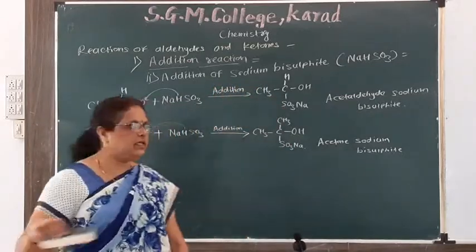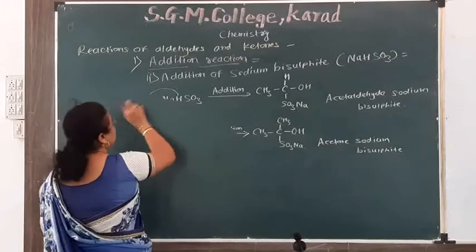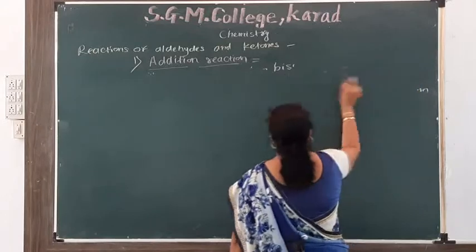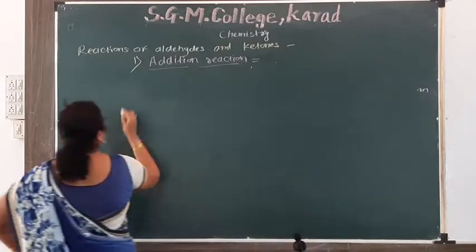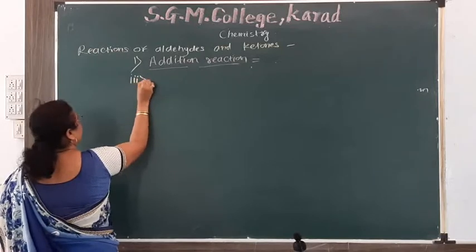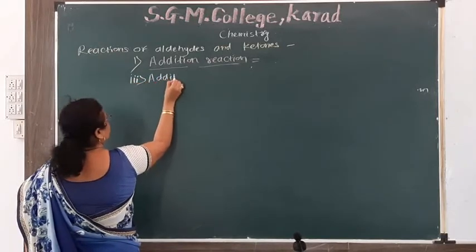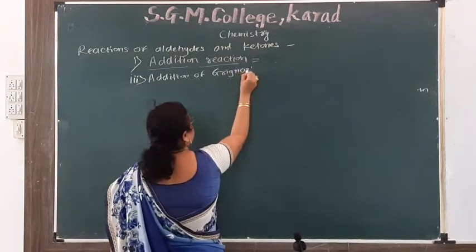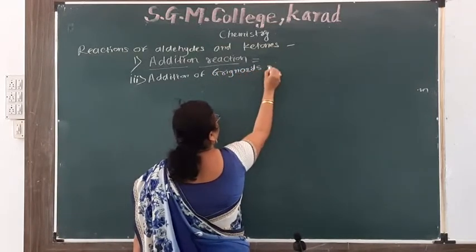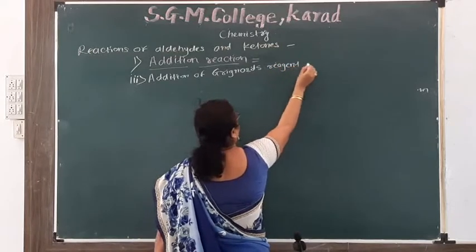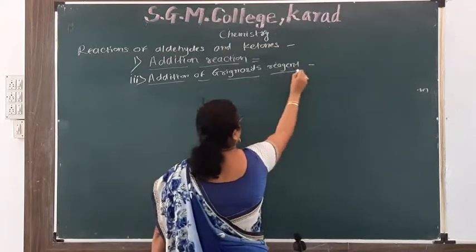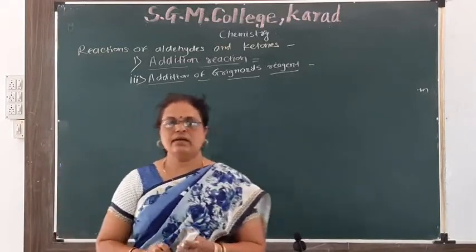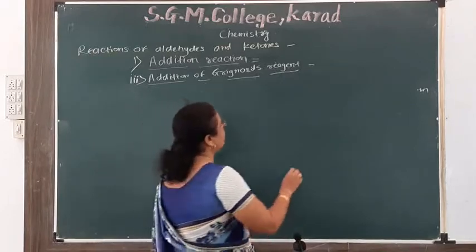Then the third reaction is addition of Grignard's reagent. Grignard's reagent means alkyl magnesium halide, that is RMgX.